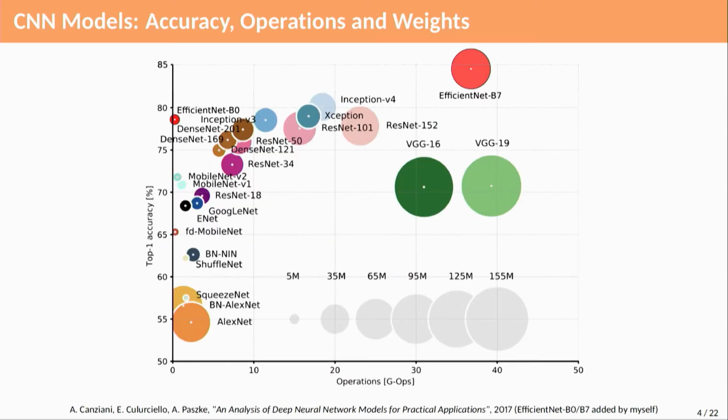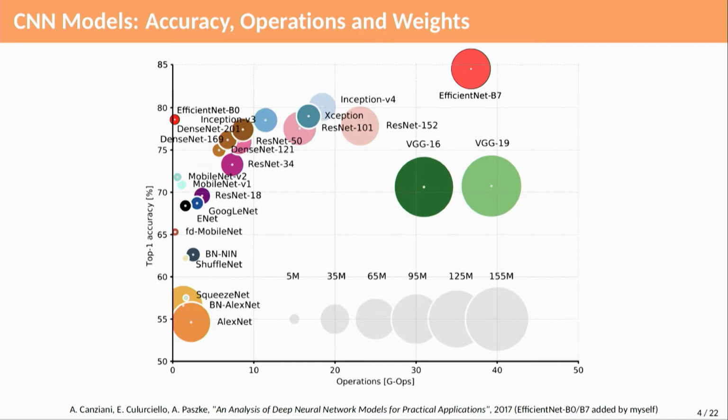This chart shows on the x-axis the number of giga operations that a network needs, here the accuracy of the network, and the size of the bullet shows how many parameters the network has. As you can see, even the most efficient and smallest networks have more than 5 million parameters, and we cannot see exactly where it stands here, but it's around 0.5 gigaops to perform inference.